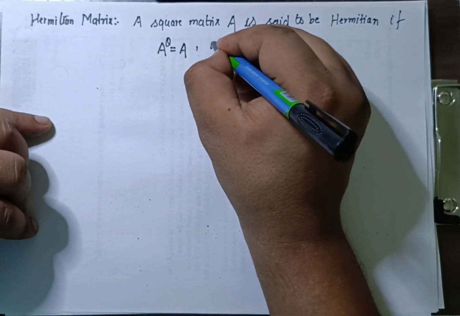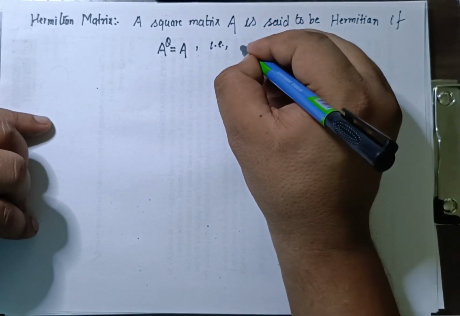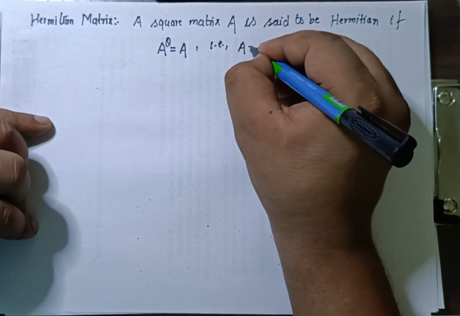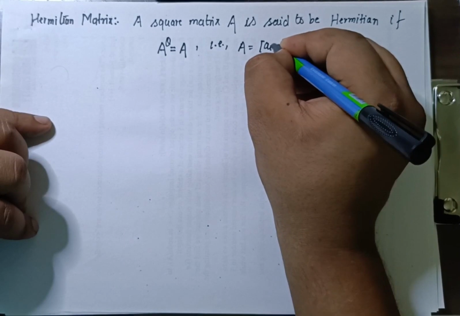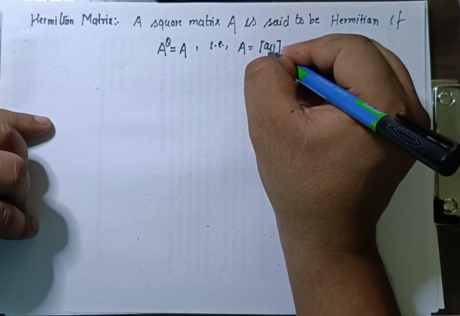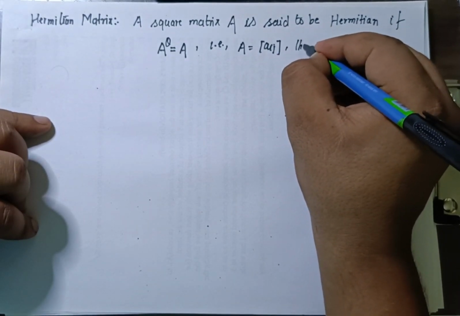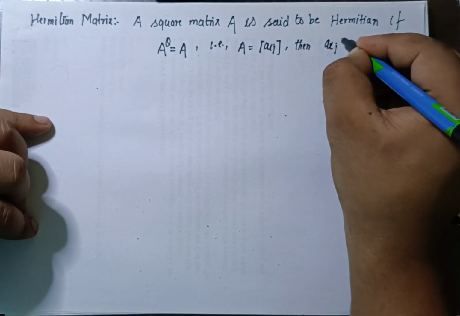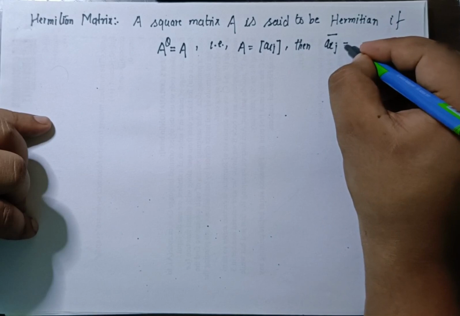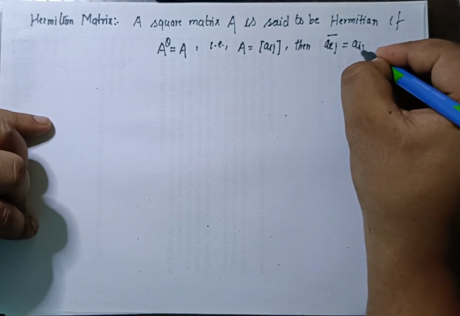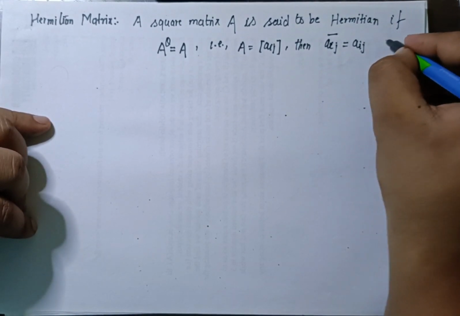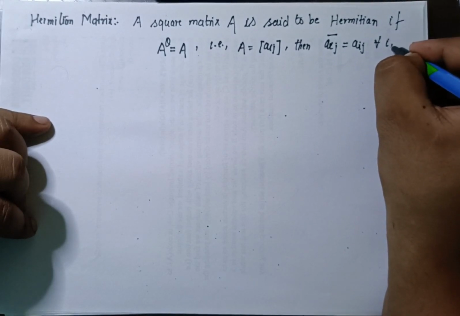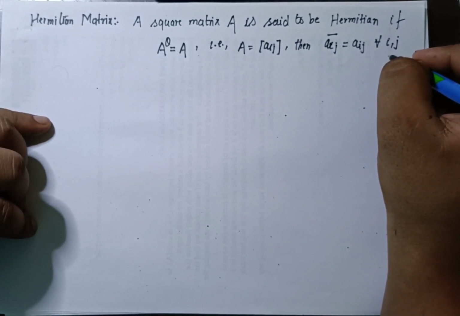It means that if we represent a square matrix A as A equals Aij, then the conjugate of Aij should be equal to Aij for all i, j.